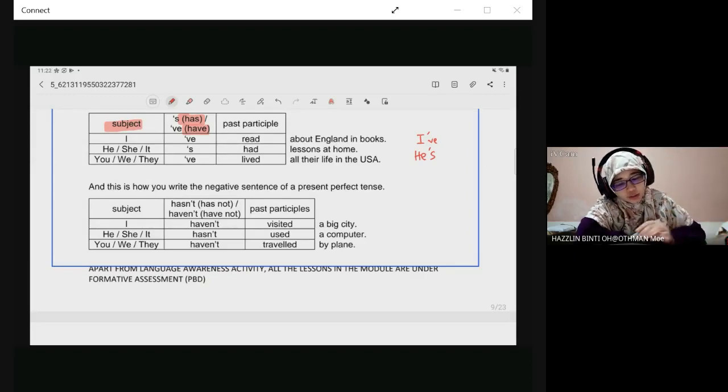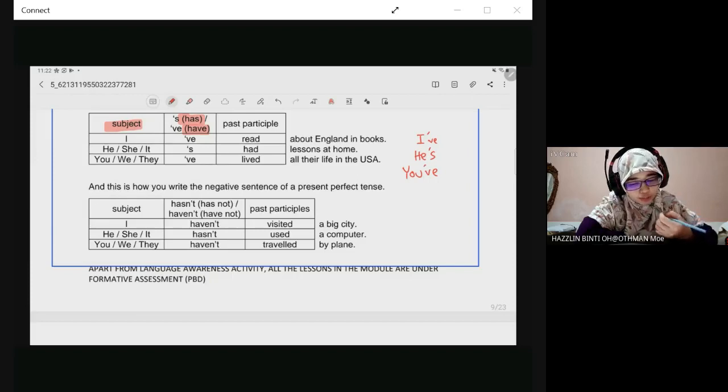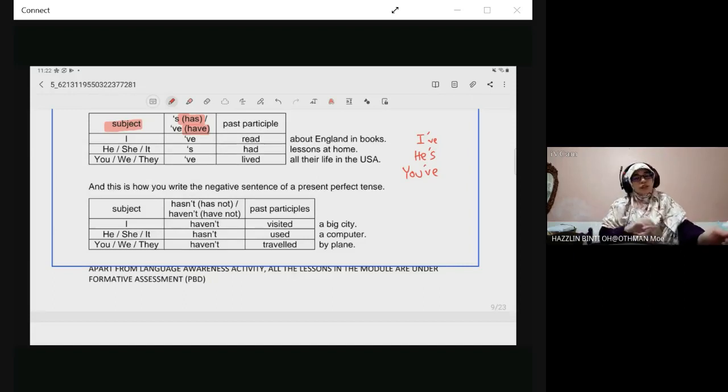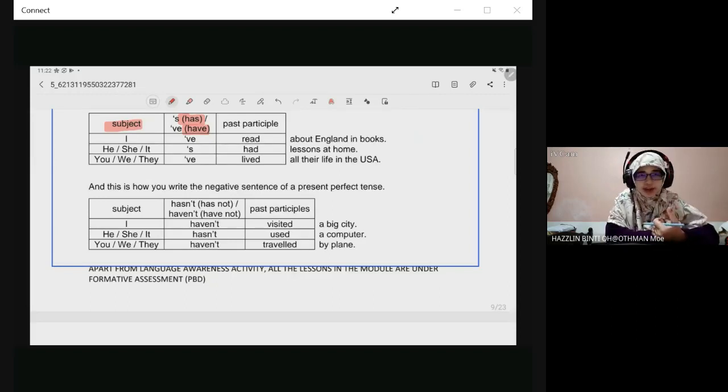The next one, you've. How do you pronounce it? You've, we've, they've. So do not get confused. Don't question yourself, what is apostrophe S? What is apostrophe VE?